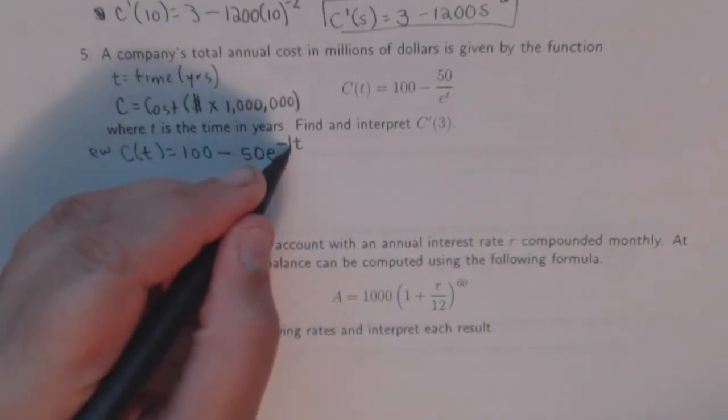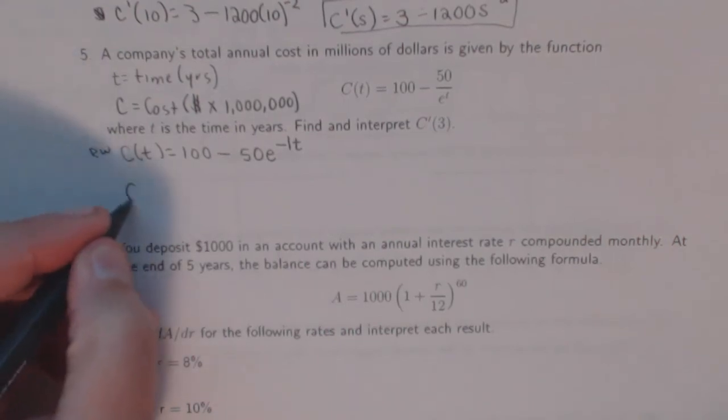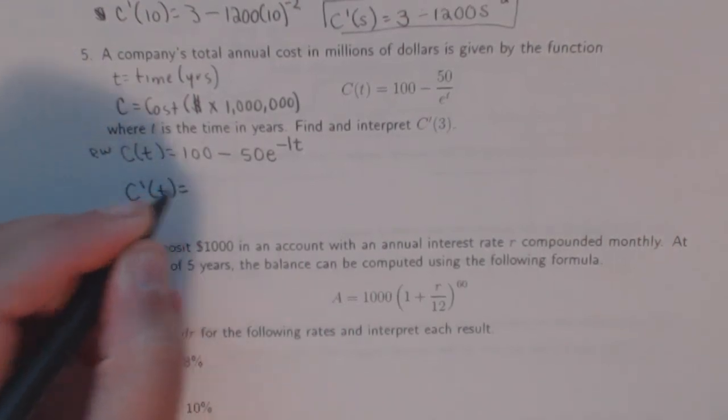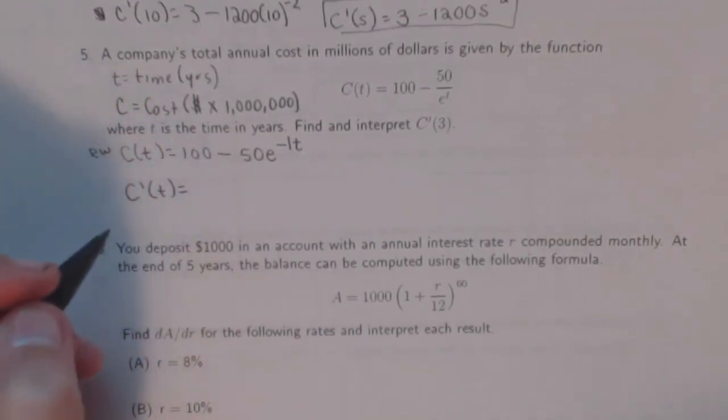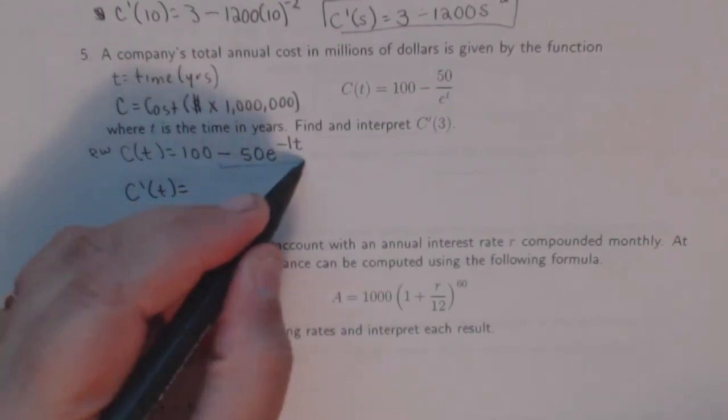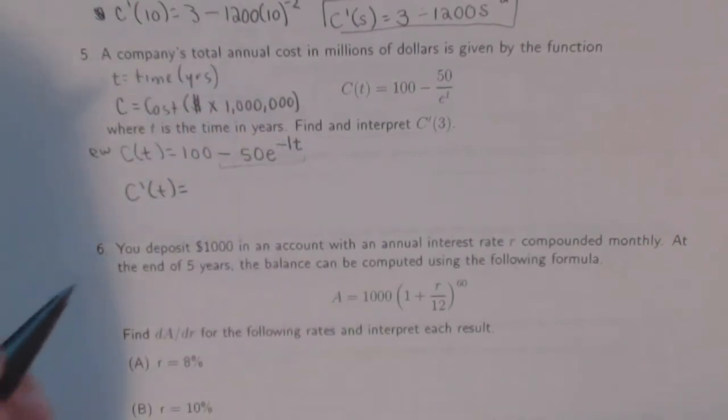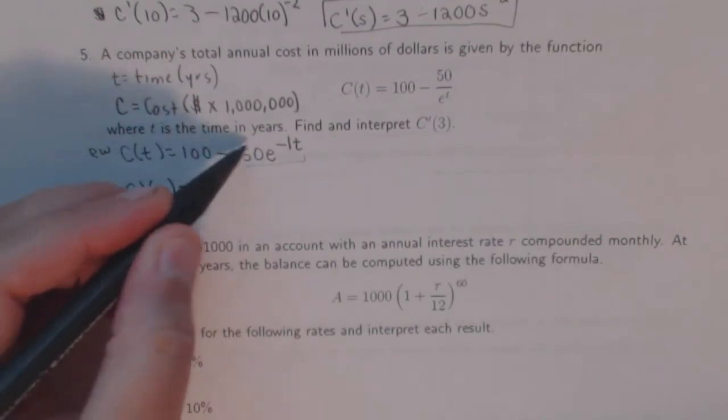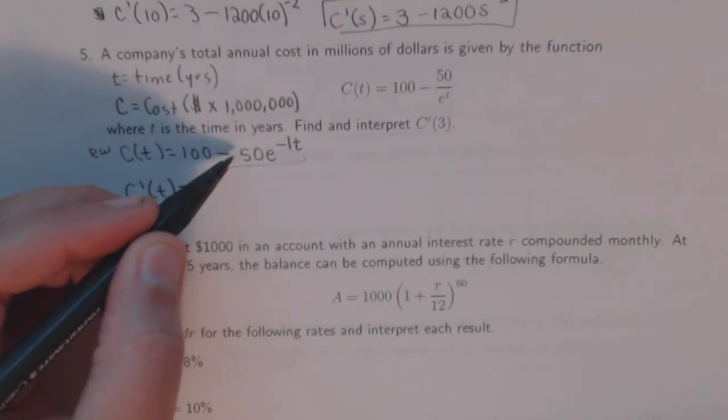And I'm going to put a negative 1 here because this is a little tricky. The derivative of 100 is 0. So basically we just need to take this derivative. And this is the chain rule for e to the x functions.